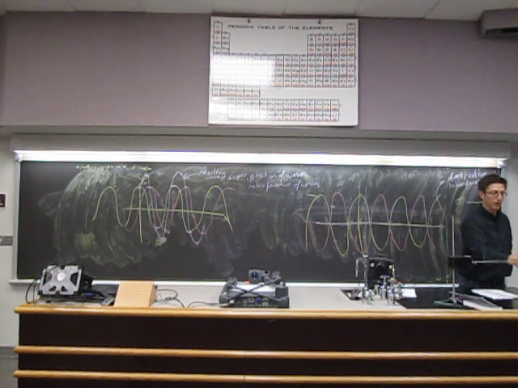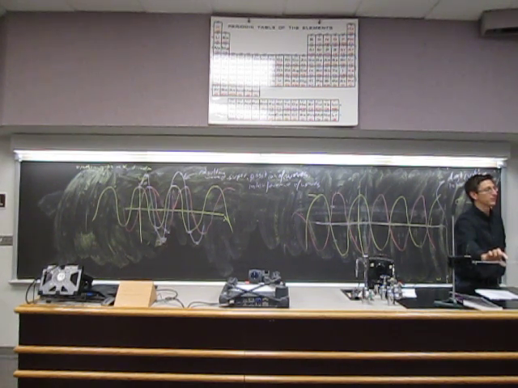These are called nodes. The reflected wave and the incoming wave add together at these points in such a way that the wave disappears. Okay, that makes sense? And these are antinodes. The reflected wave and the incoming wave add together at these points in such a way that the size increases.